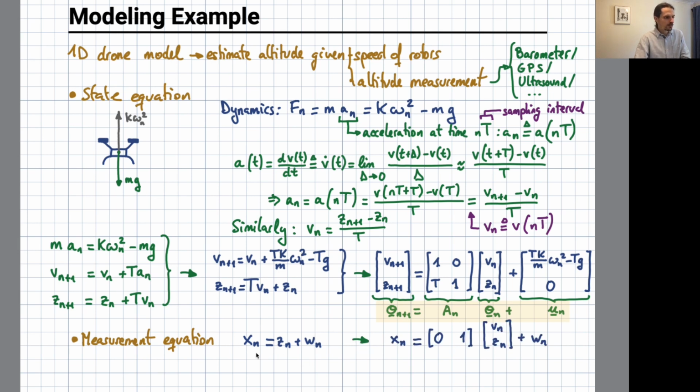And to express it in the notation of the previous slide, we need to write this in terms of the state vector. So this is the way we can do it. This is just the state vector, and this would be the observation matrix. Note that this term here will be fully known. So this is a deterministic model, but we could add an additional term for the perturbations.